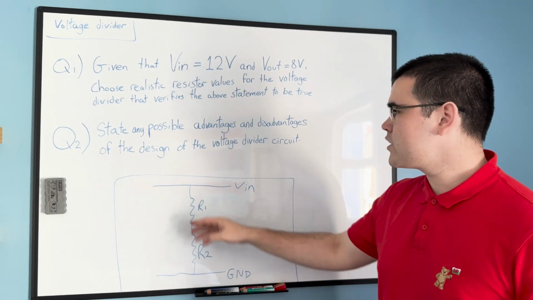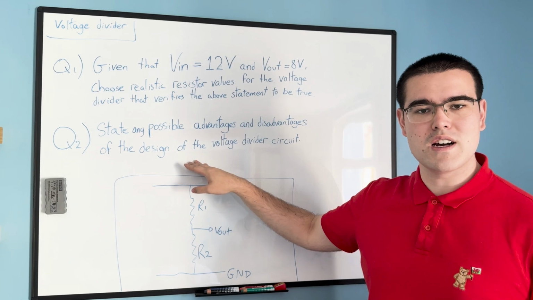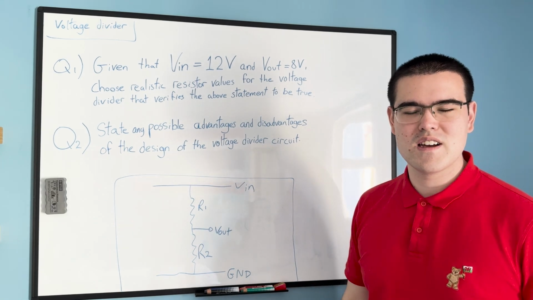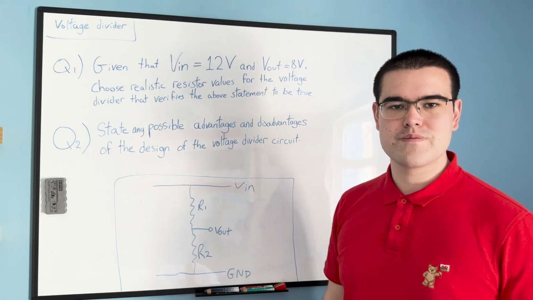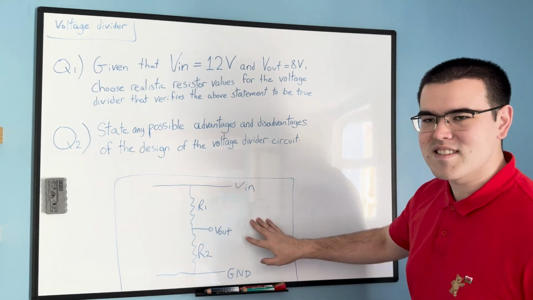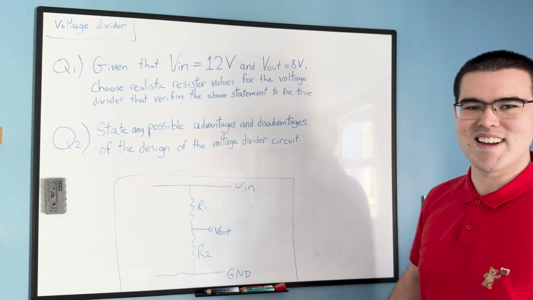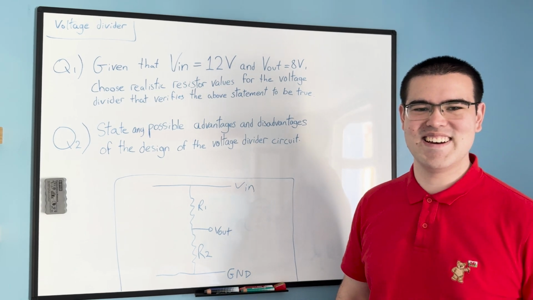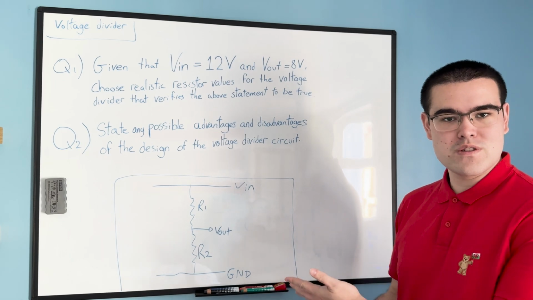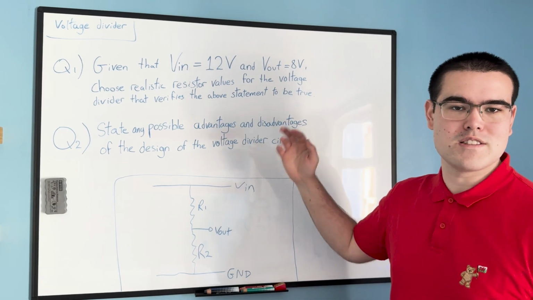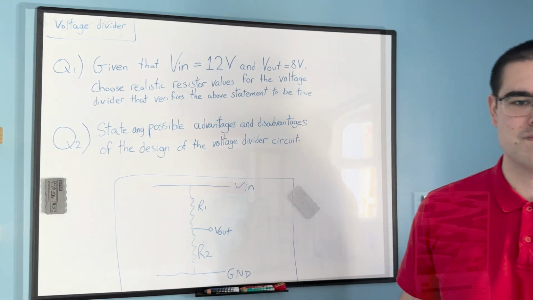And question 2, could you state any possible advantages or disadvantages of the design of the voltage divider circuit? I've been nice, I've even given you a nice drawing here of the voltage divider circuit. Like it's really turned around today. Have a go at those, and I'll run through some answers with you in just a second.